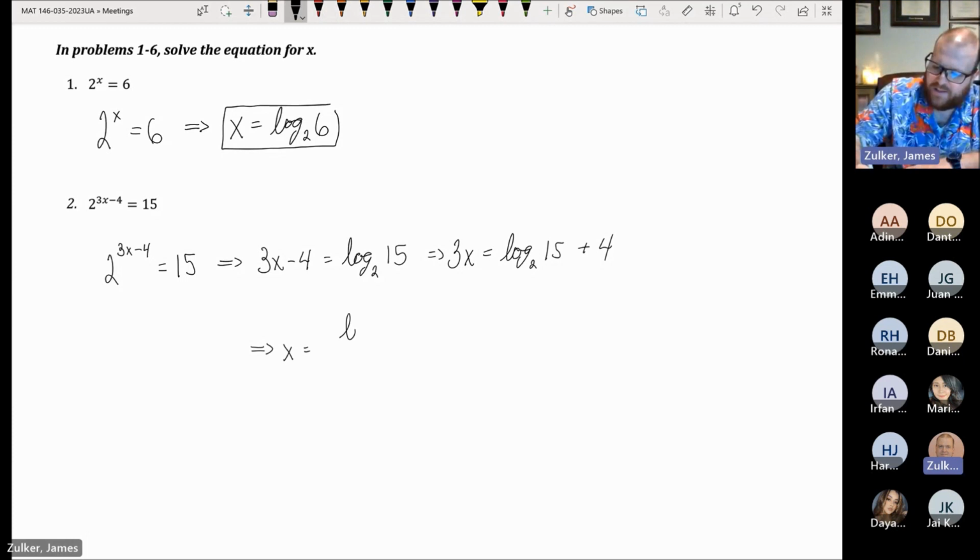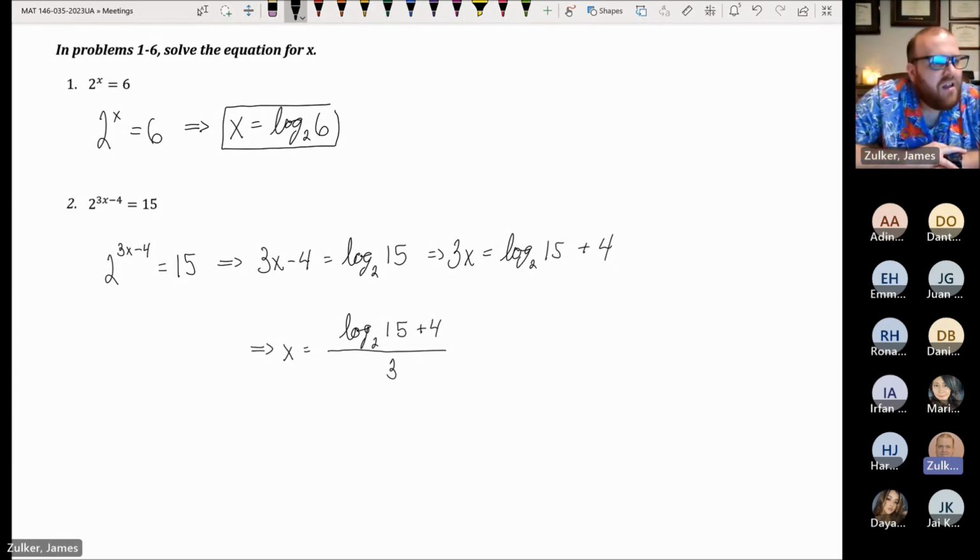Then divide both sides by 3. There's our solution.